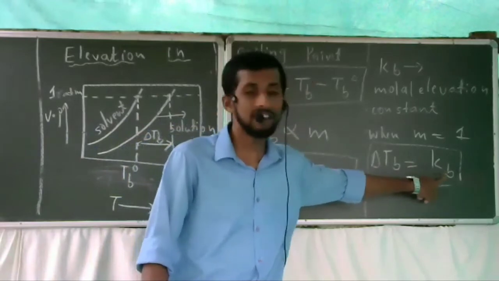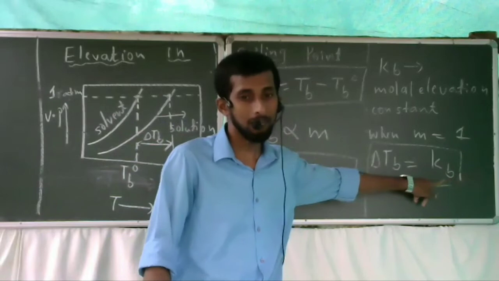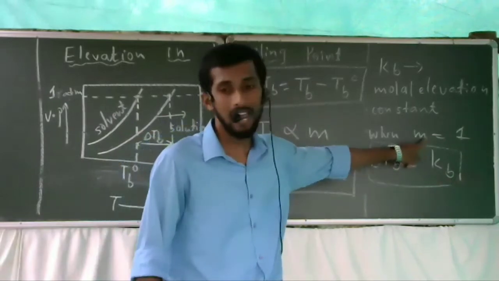So now we can write the definition for Kb, right? What is Kb? Kb equals delta TB when m equals 1.